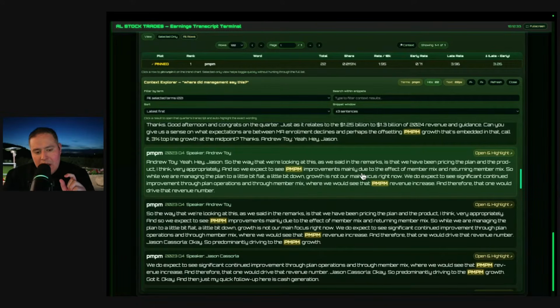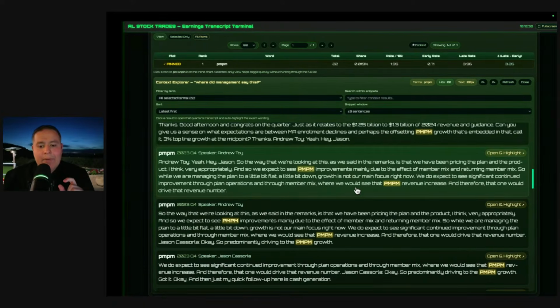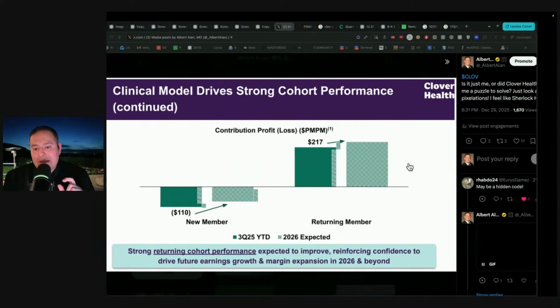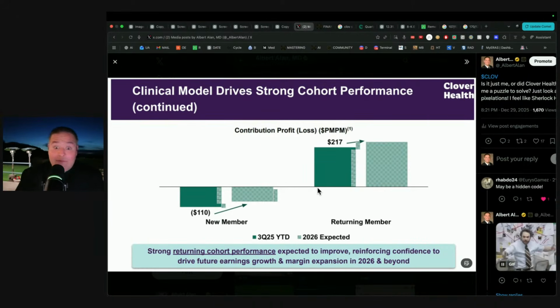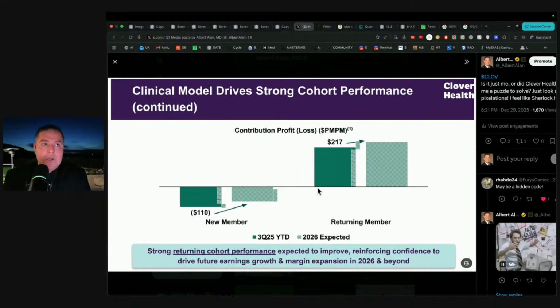The PMPM of returning members should go up, because this shows you that with the medical cost ratio, you're able to reduce cost, which then should make you more profitable, right? Now, of course, your medical cost ratios went below, so you're doing well, but this should go up, and this should go down with time.